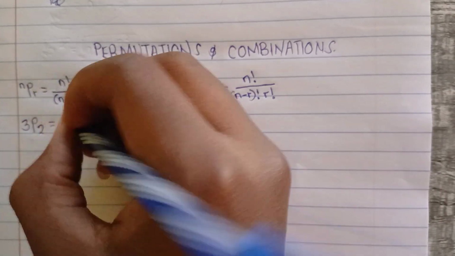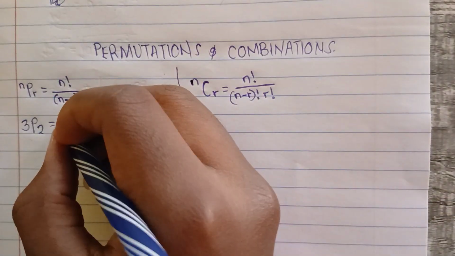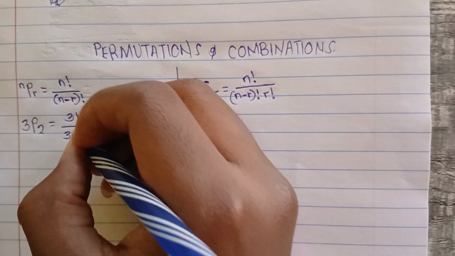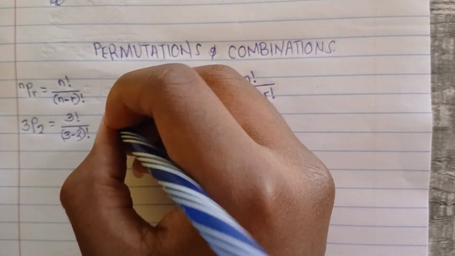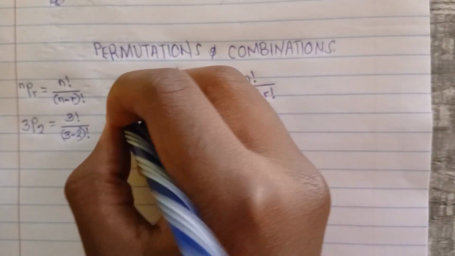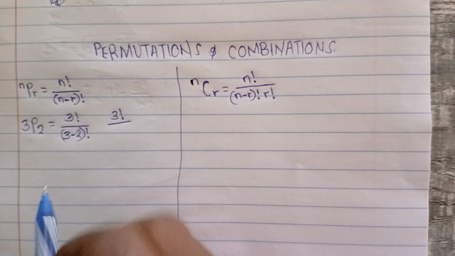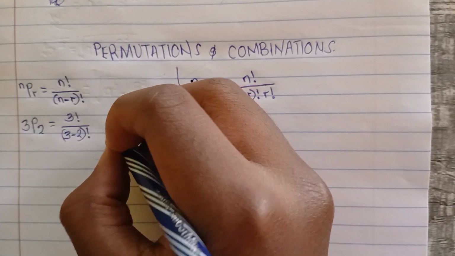So this will be 3 factorial, because 3 is n, 3 factorial over 3 minus 2 factorial. 3 minus 2 is 1, so that is 1 factorial.